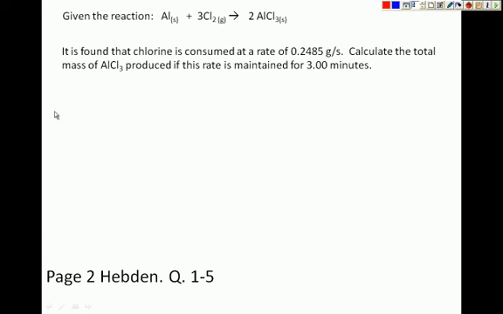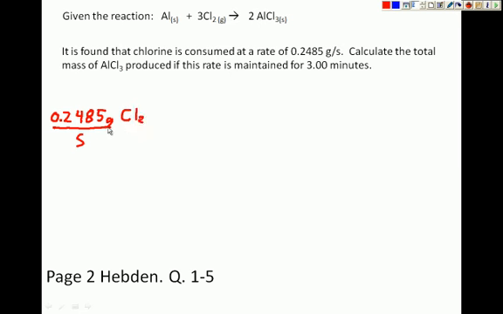So I like to start with something that we know. In this question, it gives us the rate of consumption, which happens to be 0.2485 grams per second, and that's 0.2485 grams of chlorine.